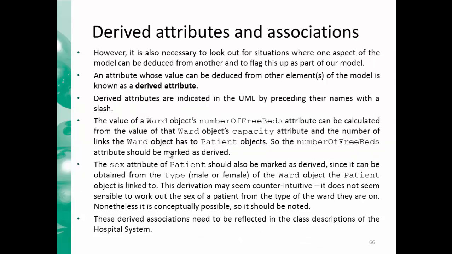A derived attribute is an attribute whose value can be deduced from other elements of the model. And in UML, derived attributes are indicated by preceding their names with a slash, as we are going to see in the following diagrams.